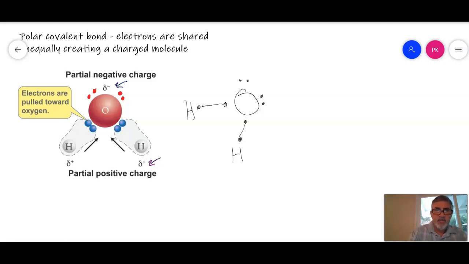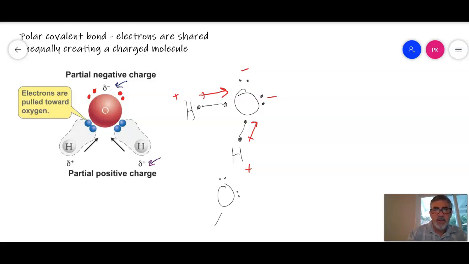But we'll do this in chemistry. We'll point an arrow this way to tell the direction that the electrons are being held, right? So this makes this positive, and this negative, this positive, and this negative. And that's what gives water all its unique properties, right? It's very polar.